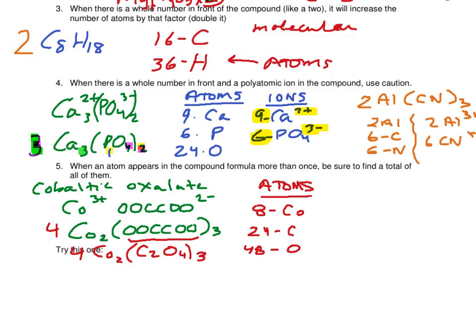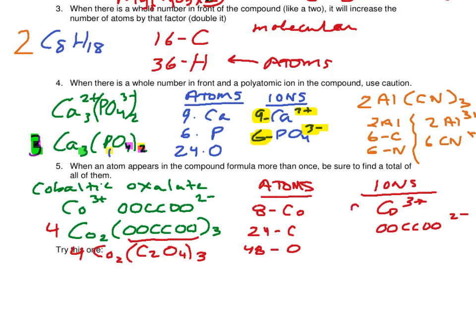48 oxygens. If you were to do this by ions, it's actually a little bit easier because you're not breaking things down to such a basic level. We have cobalt and we have oxalate. You can write it as OOCCOO, or you could condense it down to the C2O4. So we have a 2 subscript and a 4 coefficient.